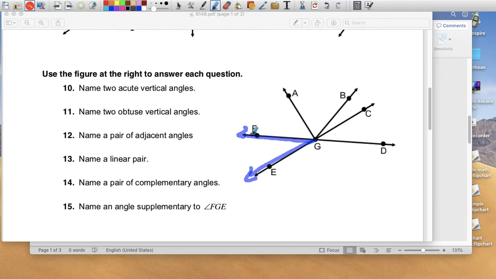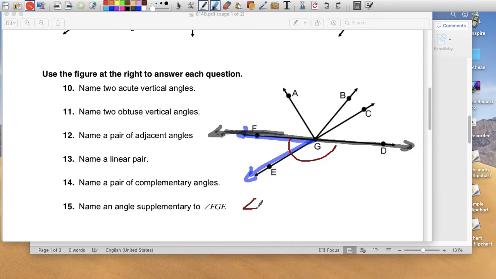My straight line is going to be this one. So if I have a straight line, guys, where's my 180 degree angle? My 180 degree angle is right here. So whatever this angle, let's call that 1, plus this angle 2 would give me 180. Right, so let's give it names.